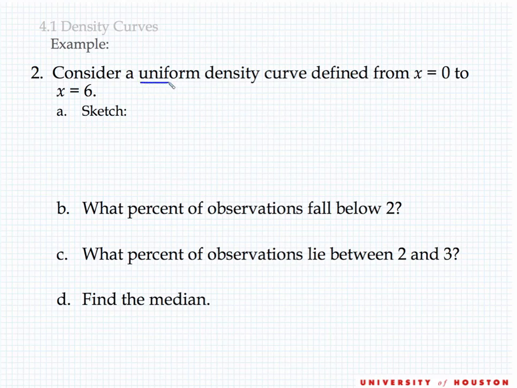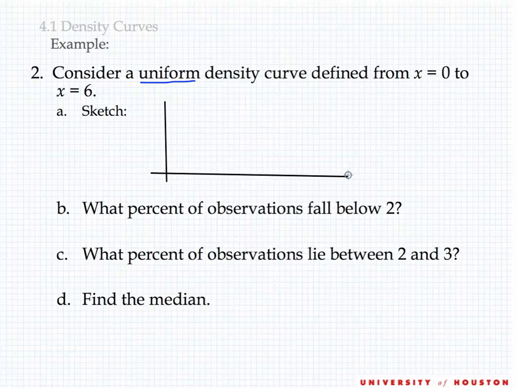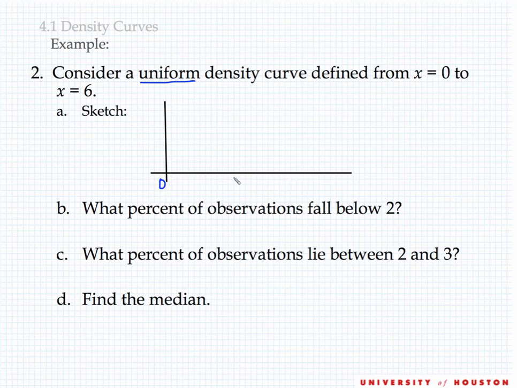Consider a uniform density curve defined from x equals 0 to x equals 6. Well, a uniform curve will have the same height all the way across. So we're going to create a density curve that goes from x equals 0 to x equals 6.